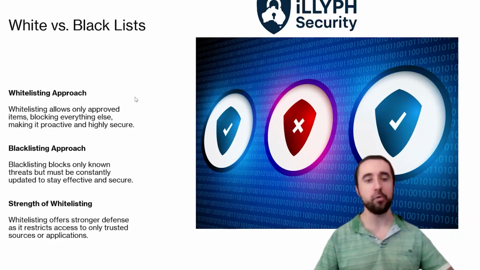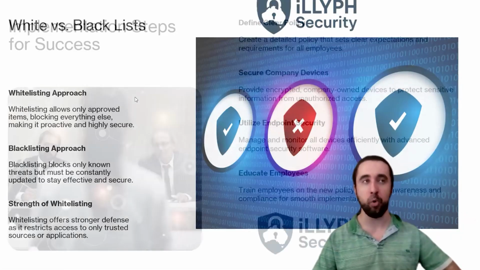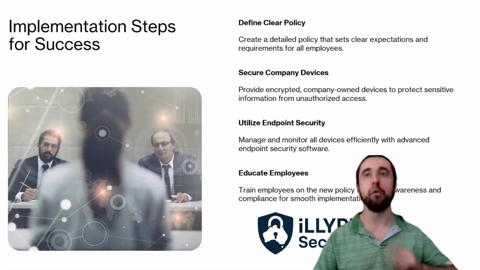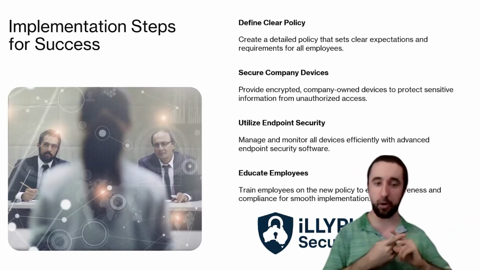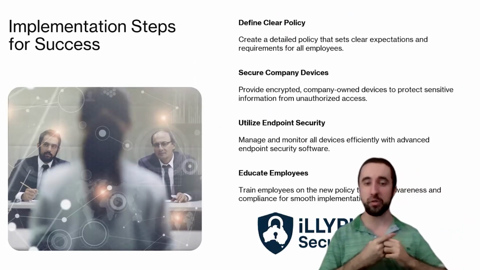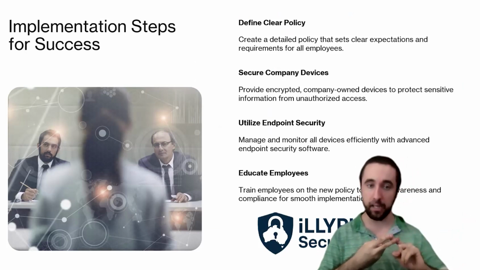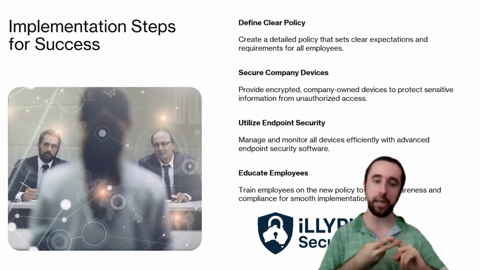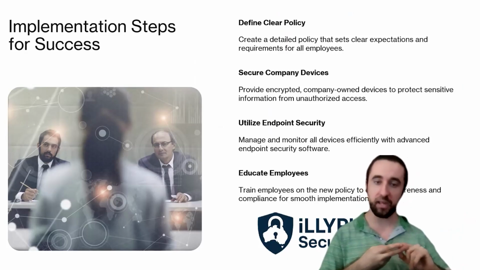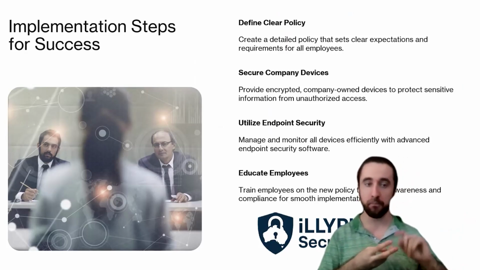So you might be wondering, how do you implement USB whitelisting in your business? Well, firstly, you define a clear policy. You decide which devices are permitted and who gets access. Secondly, procure company-owned encrypted USB drives. These are easier to track and control.